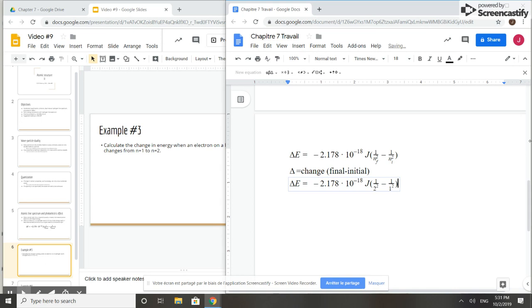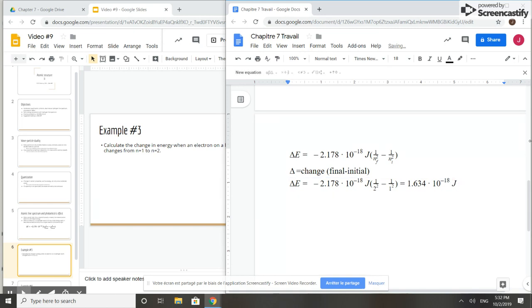Then all I have to do is put this in my calculator. And I got 1 point... These are not going to be sig fig questions, by the way. These are pretty much all constants. But just to keep it in the spirit of what we've done in class, I'll do 4 sig figs because that's what is in the question, but this would not be a sig fig question on a test.